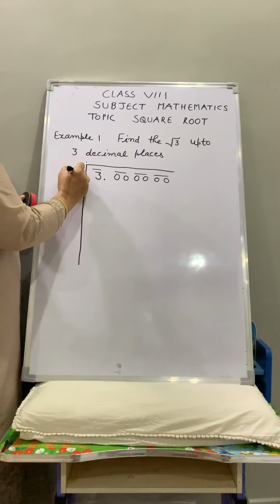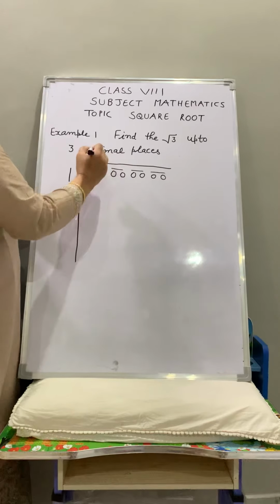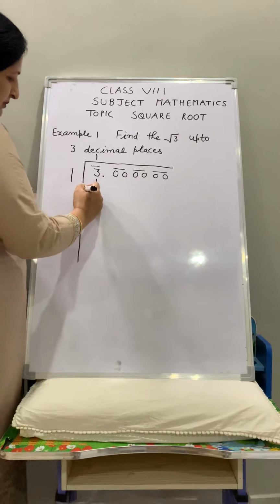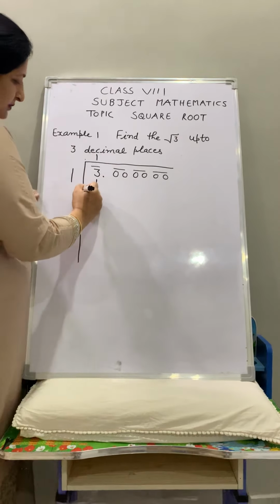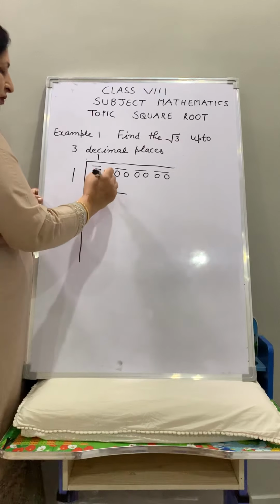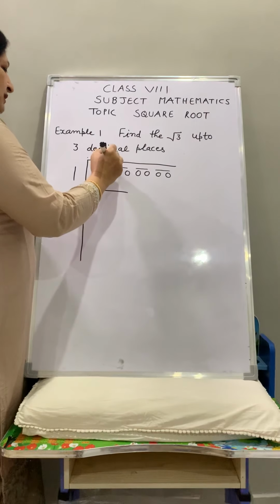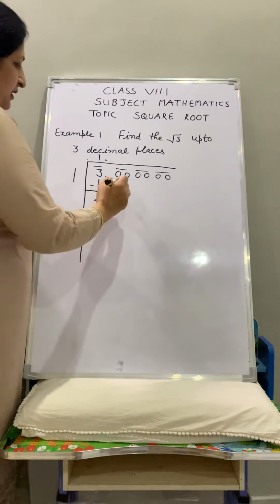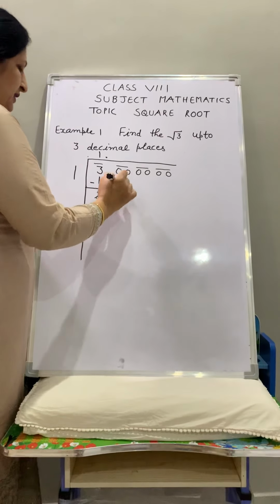We will take 1. 1 ones are 1. 1 in the quotient and 1 in the divisor. Then subtract. 3 minus 1 is 2. Now here the decimal: we put the decimal in the quotient only, not in the divisor, not in the dividend. Now bring down the next period.